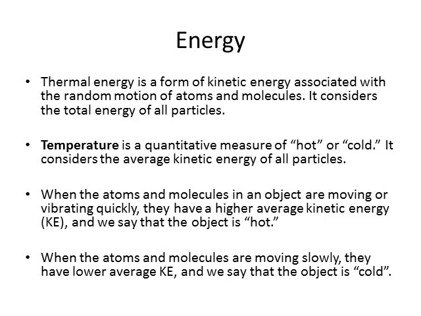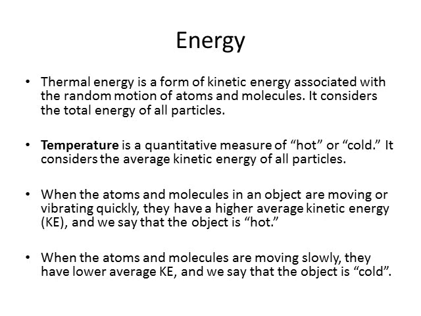Having defined energy, let's look now in particular at thermal energy. It is a form of kinetic energy associated with the random motion of atoms and molecules. It considers the total energy of all particles. Temperature, on the other hand, is a quantitative measure of hot or cold.